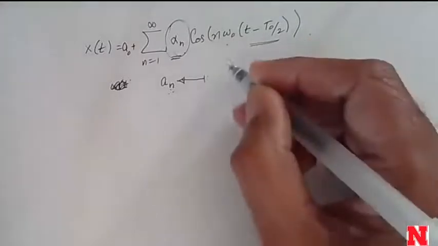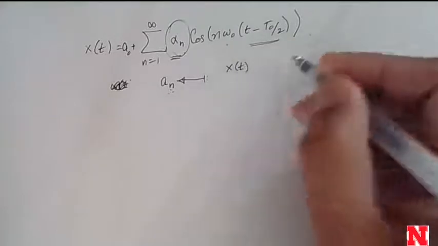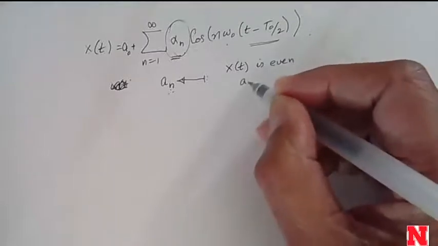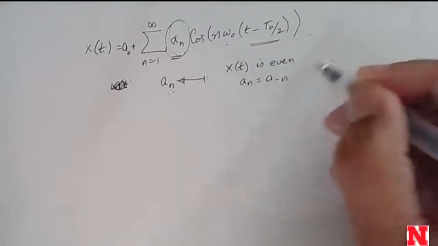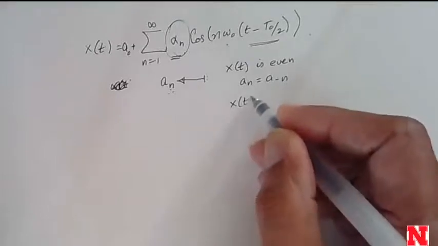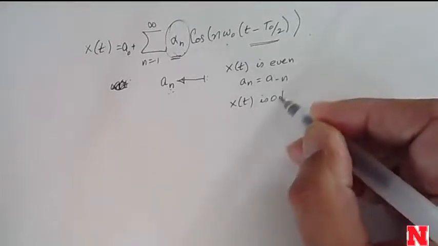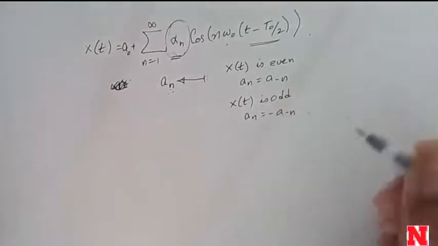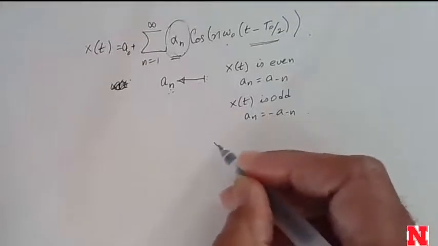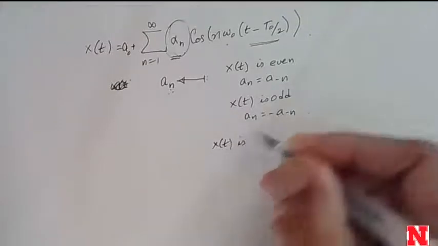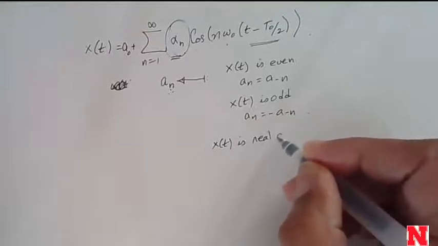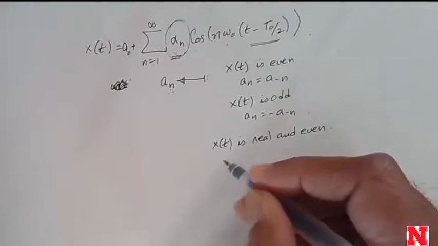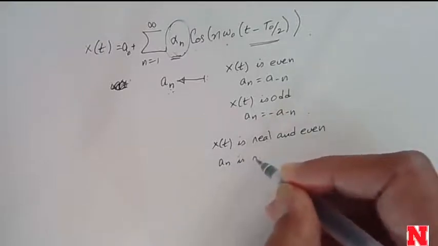Then what did we do? We said, well, we have here some properties. If x of t is even, then a sub n is equal to a sub minus n. If x of t is odd, then a sub n is equal to minus a sub minus n, right? And then we said if x of t is real and even, then a sub n is real and even.